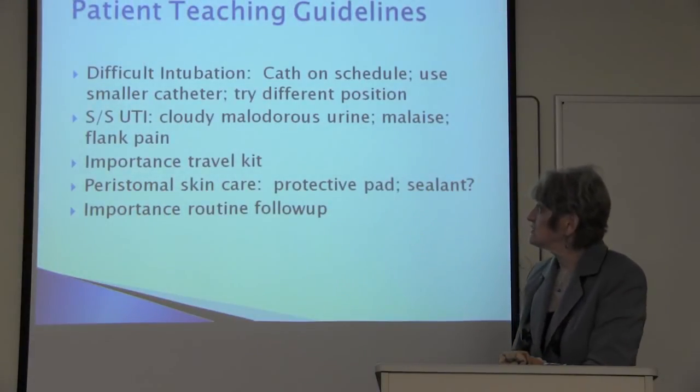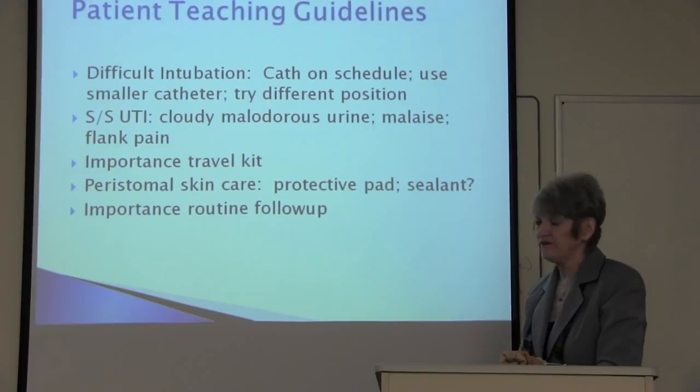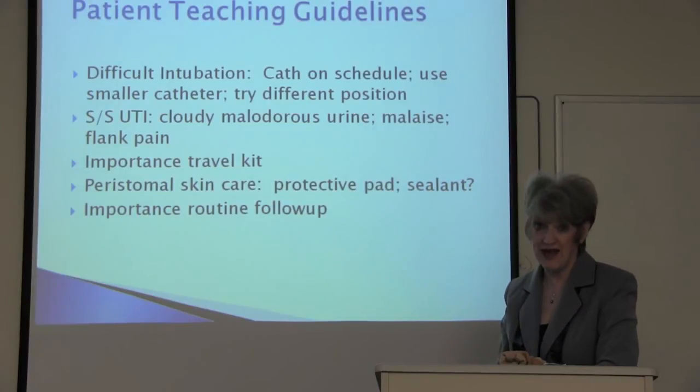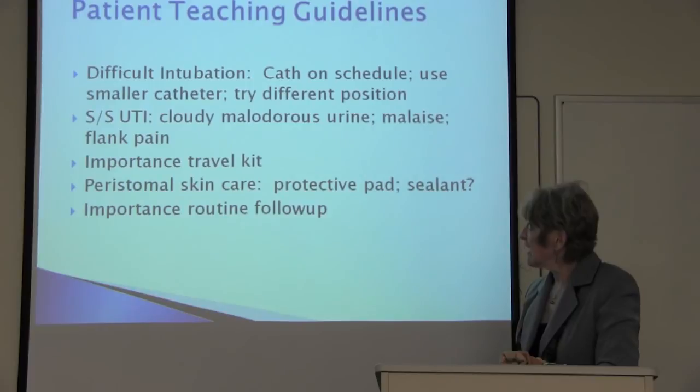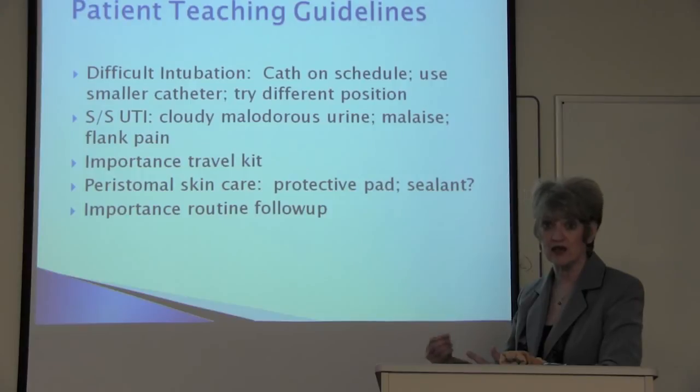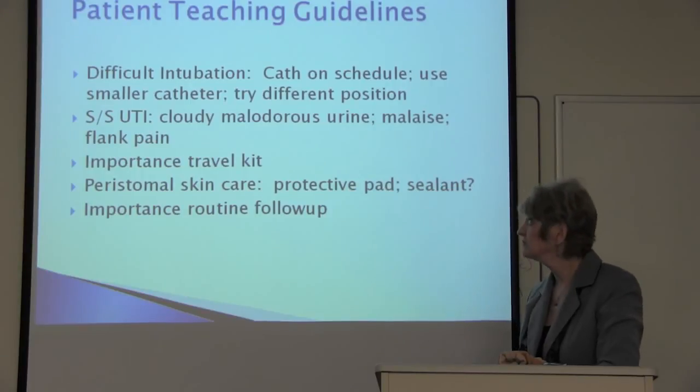Difficult intubation, we talked about in the class on continent fecal diversions, much less likely to happen to a patient with a continent urinary diversion because they use much smaller catheters. But we've already talked about the importance of catheterizing on schedule. If they do have problems passing the catheter, they can use a smaller catheter. They can try a different position.